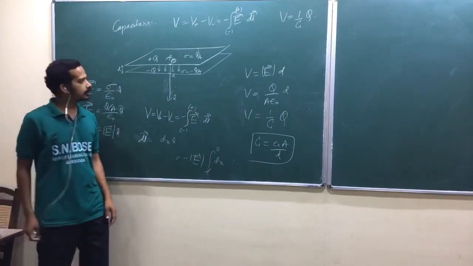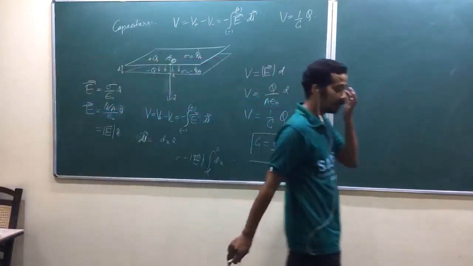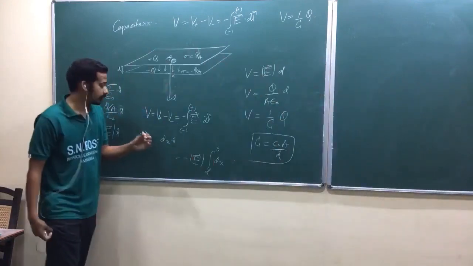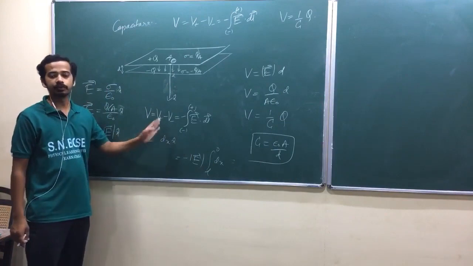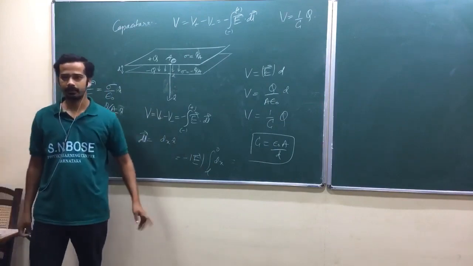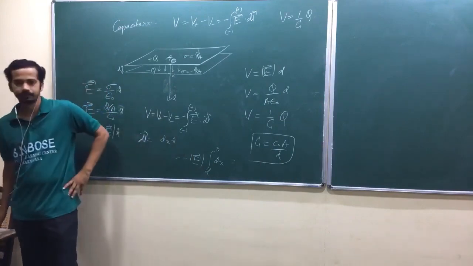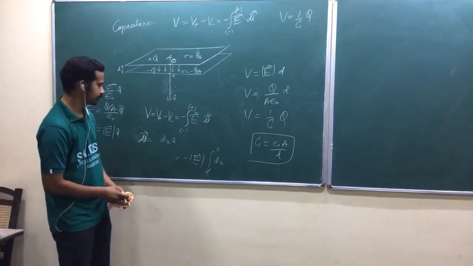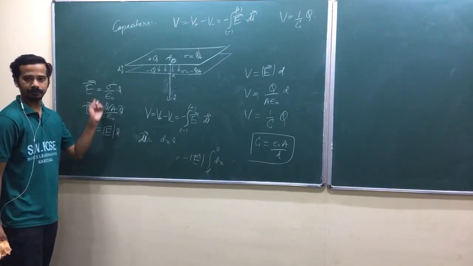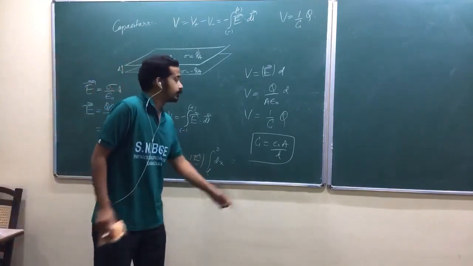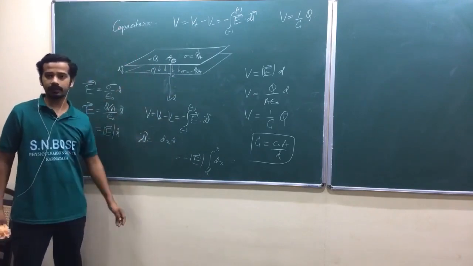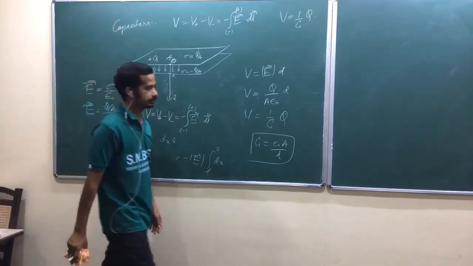So obviously, the positively charged conductor should be at higher potential than the negatively charged conductor, and that potential difference should be positive. Yeah, any question? So try to do it this way, by choosing the origin of the coordinate on the positive plate and the x-axis towards the negative plate.